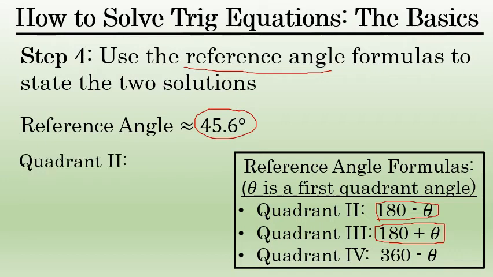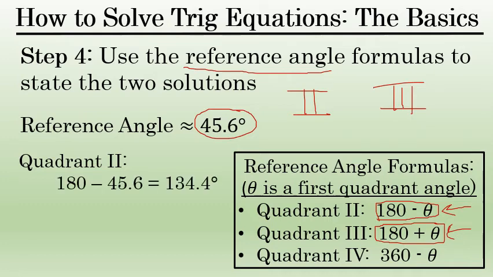Again, I'm recalling that in step 2, I identified that my solutions will be in the second and the third quadrant. So I'm using the two reference angle formulas that I've circled. For quadrant 2, 180 minus 45.6 is 134.4 degrees. That's one of the two solutions to the original equation.